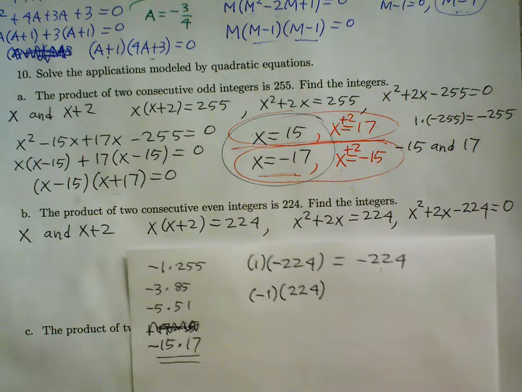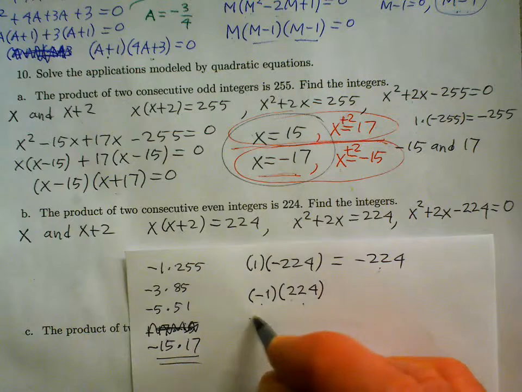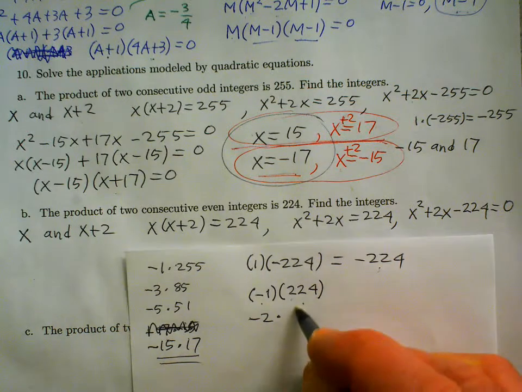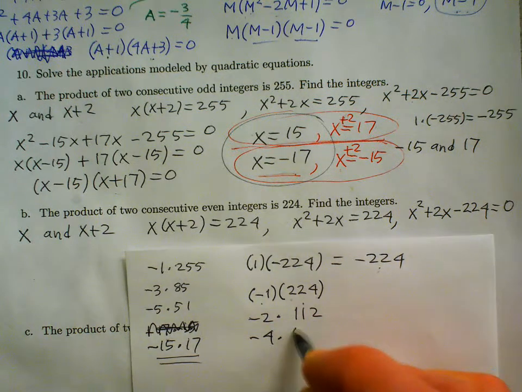So we'll do our systematic search: negative 1 times 224, and then negative 2 times 112. Negative 3 is not a factor, but negative 4 times 56.